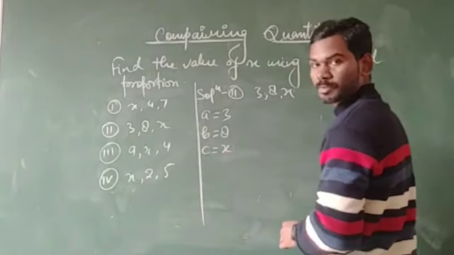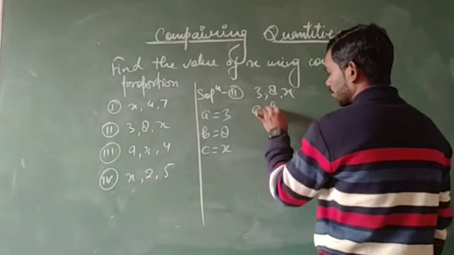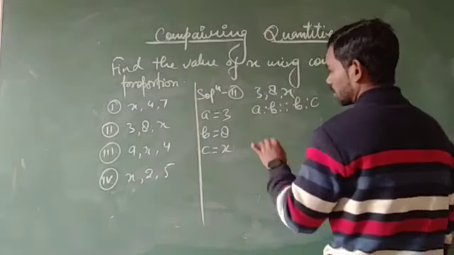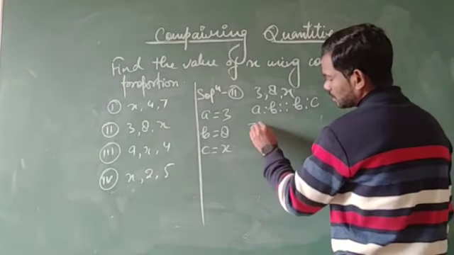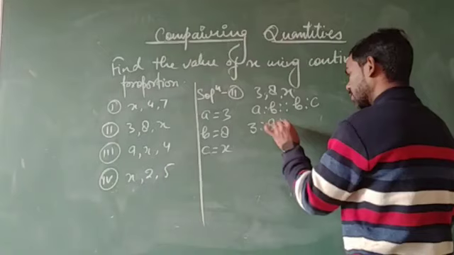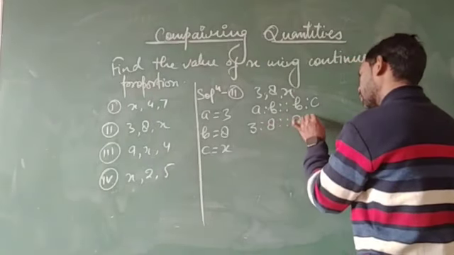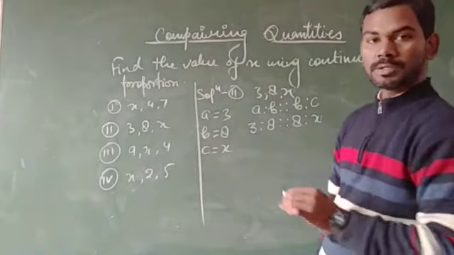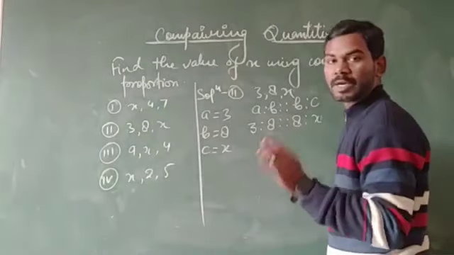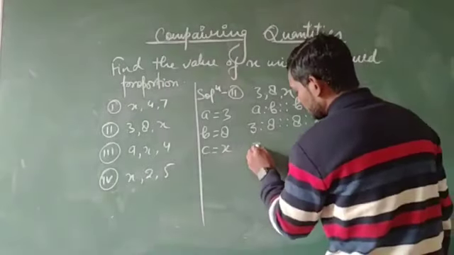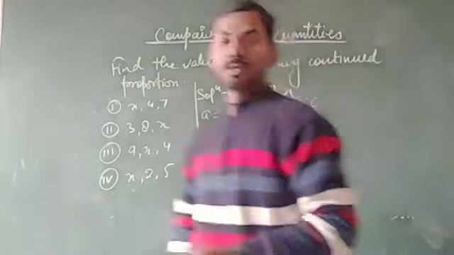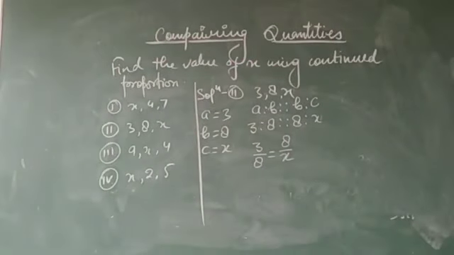The concept of continued proportion says that A is to B is proportional to B is to C. So the value of A is 3, the value of B is 8, and this is proportional to 8 is to x. This is the definition of continued proportion. Now it can be written in the form of a fraction: 3 upon 8 equals 8 upon x.